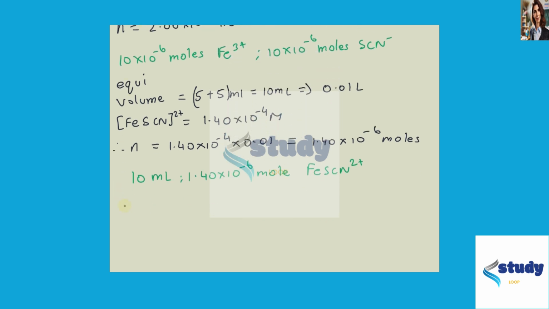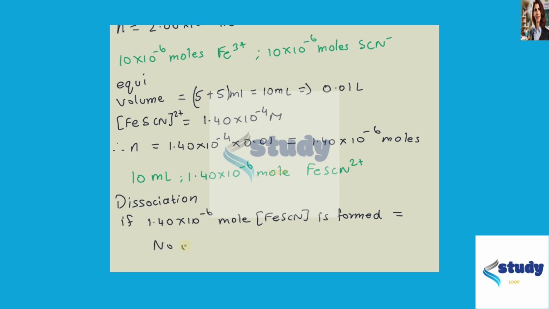Here, at dissociation, if 1.40 × 10^-6 moles of the complex FeSCN2+ is formed, this will be equal to the number of moles of reactants, that is Fe3+ and SCN- ions, dissociated.